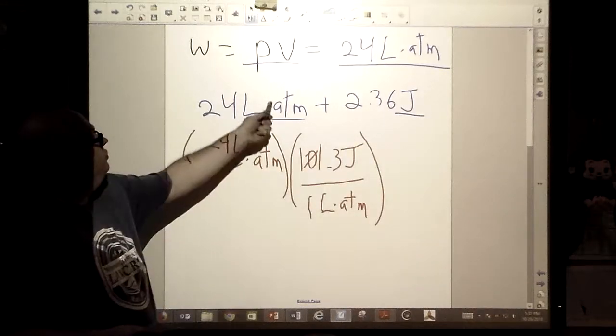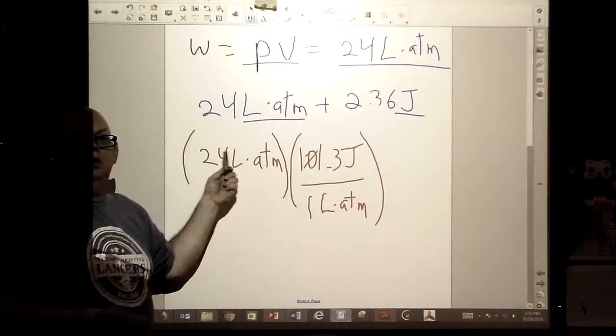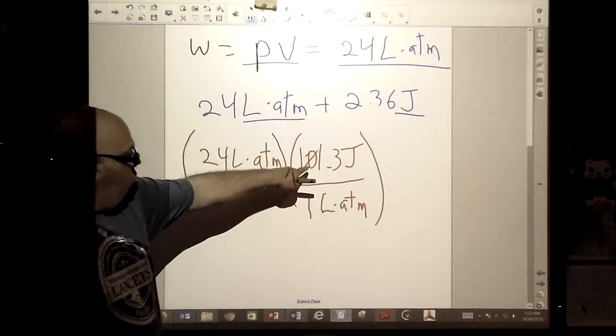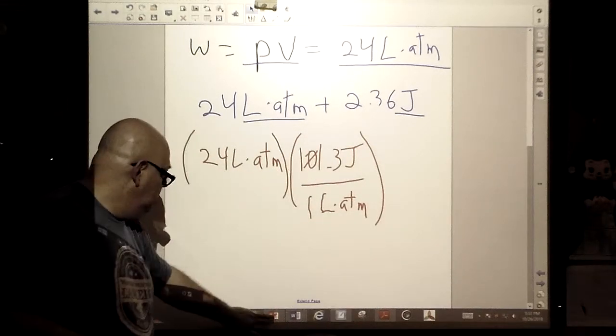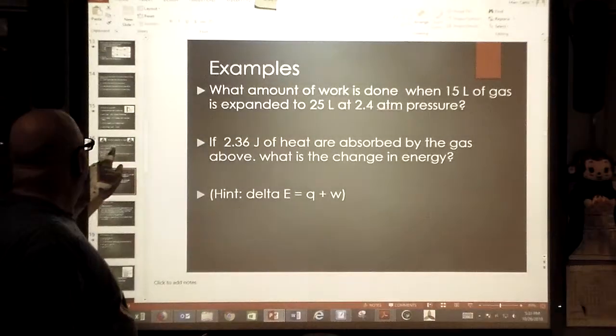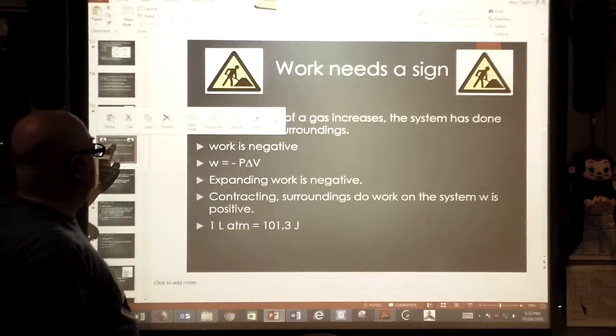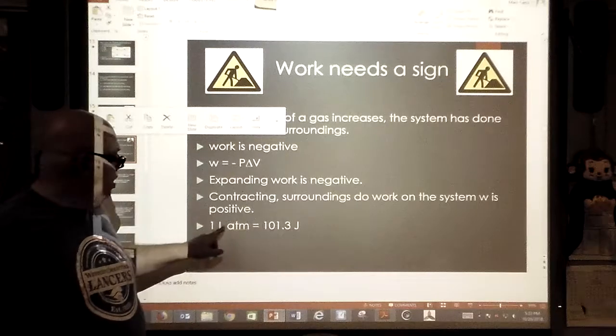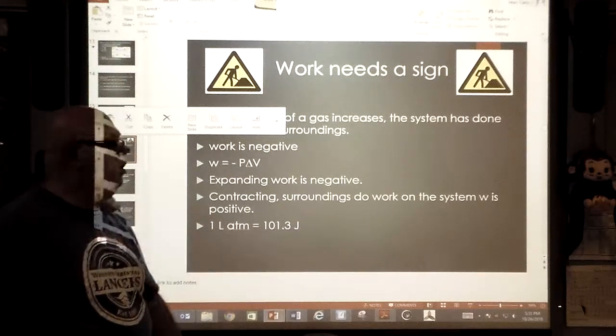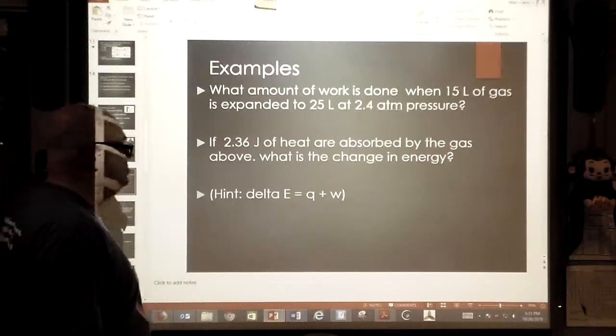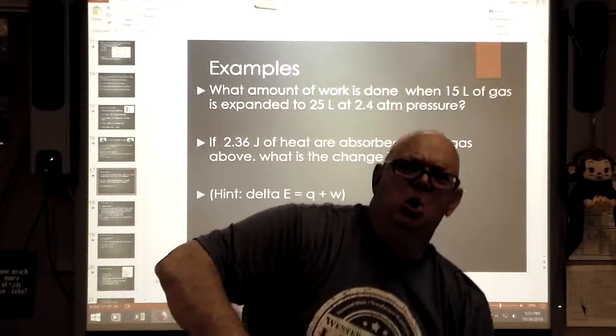So this is what we have to do. We have to change this. Where did this number come from? Right here. 1 liter atmosphere equals 101.3 joules.